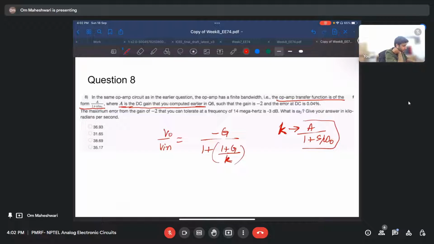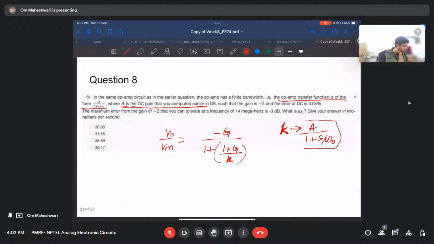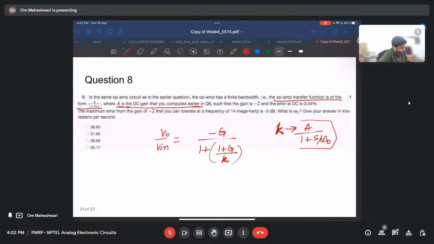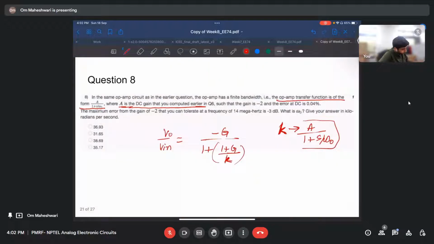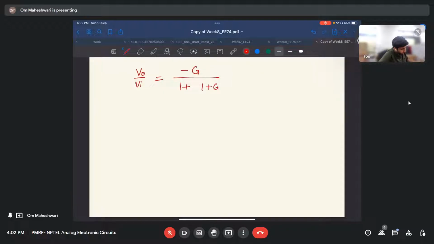So what we will do is replace this K with this. Let me write there: Vo by Vi equals minus G upon 1 plus G by K, and I'm replacing K by A upon 1 plus S by omega naught.